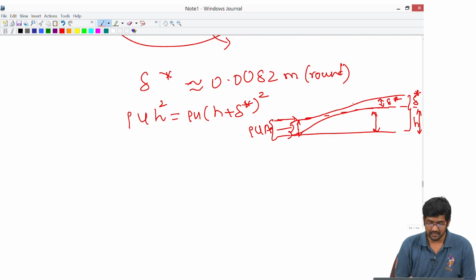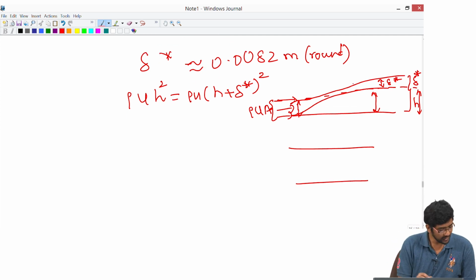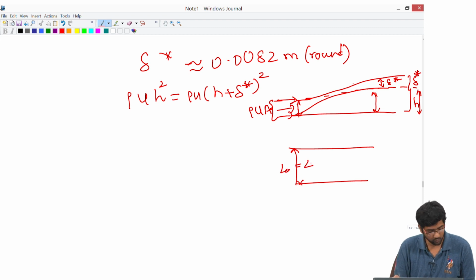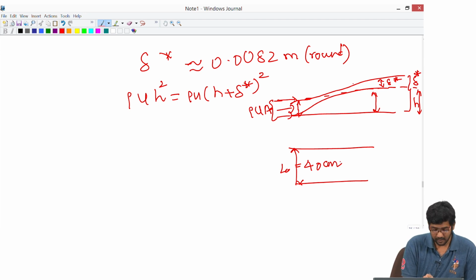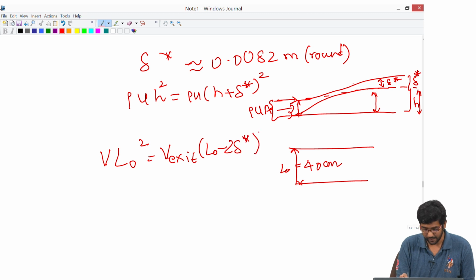Now, if we use the same concept for the given geometry, which is a channel, and they have given the dimensions of the channel. This is a 2D channel and they have given it around 40 centimeters. So, here what we get is V into L naught square equals V exit, which is an unknown, into L naught minus 2 delta star whole square.